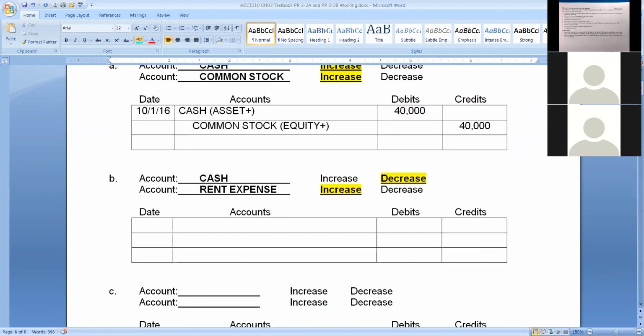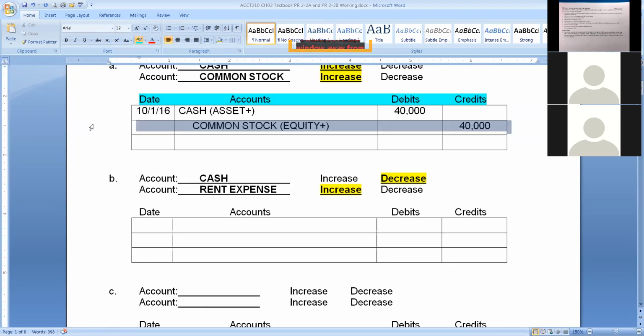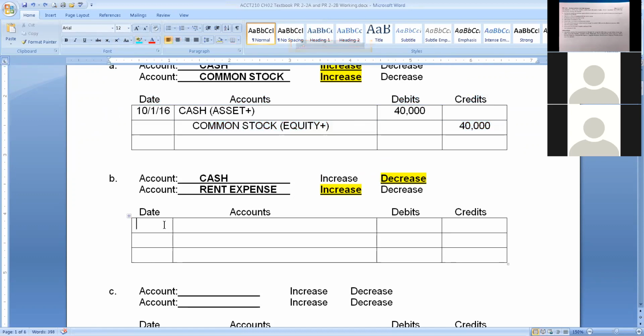Okay, those are all the same date. Okay, let's see. The debit was rent. You can put either one first, though. It's fine with me.